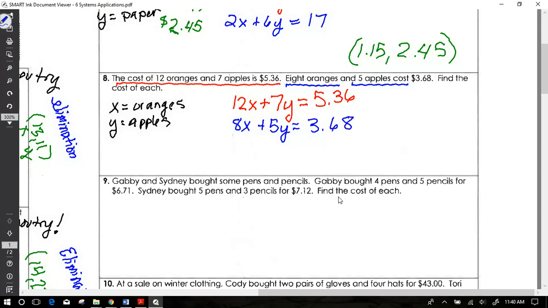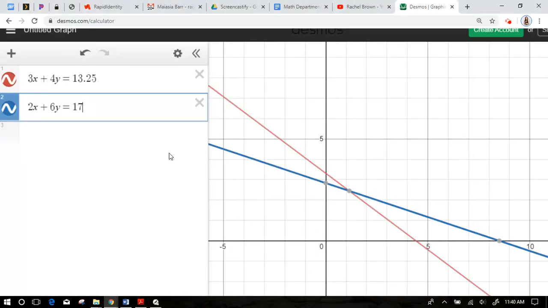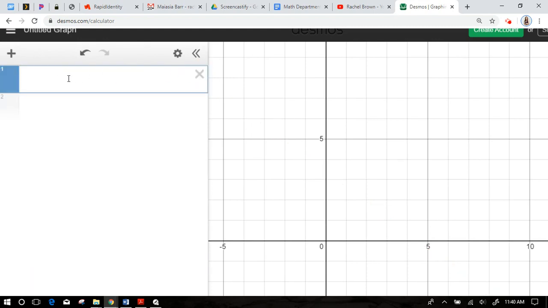Find the cost of each. All right, so the cost of each, we are going to go to our Desmos calculator again. So open your internet browser. To clear everything out that's already here, you can just click the X's and it'll start you over.